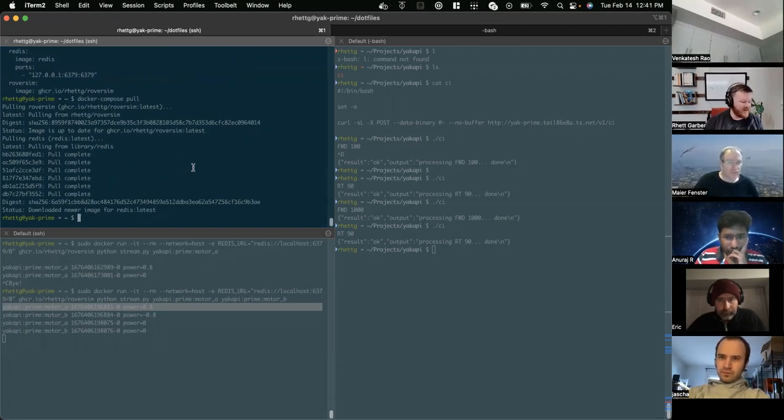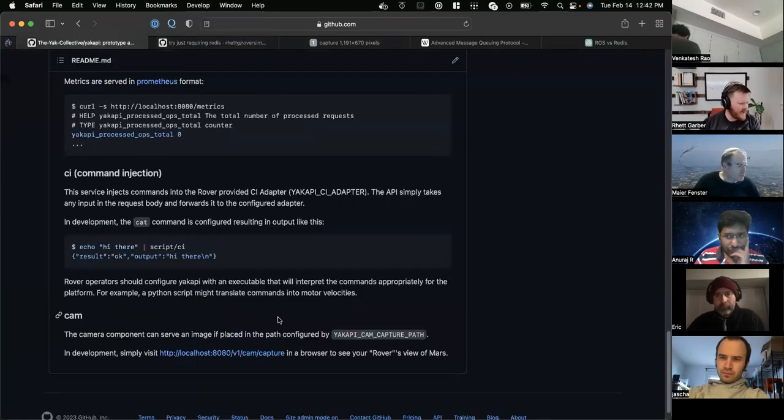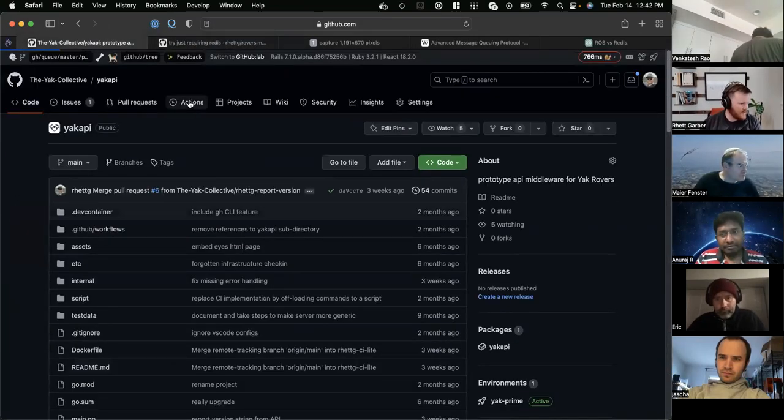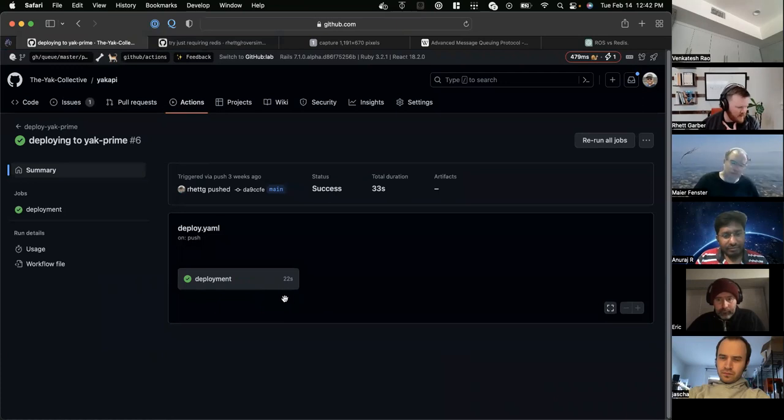The Yak API server is a little bit more sophisticated. I don't know if I demoed this last time, but similar to how this one will build a Docker image, the Yak API will not only build stuff, but deploy it in just a few seconds.